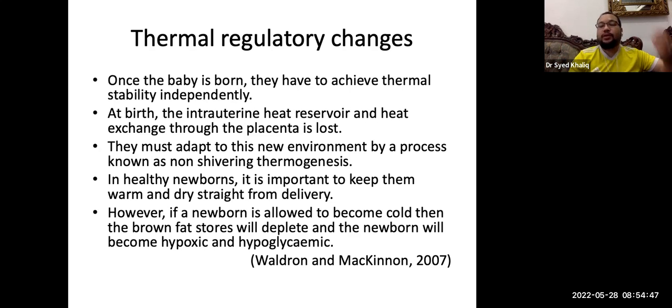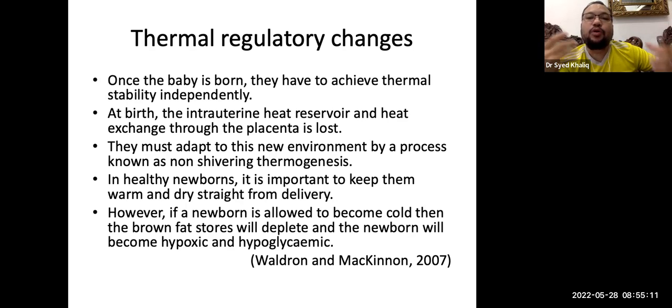You need to remember, in a newborn baby, especially more premature babies, the thermoregulatory center in the hypothalamus is not mature enough. So that's why newborn babies cannot control their own body temperature. You as adults can.